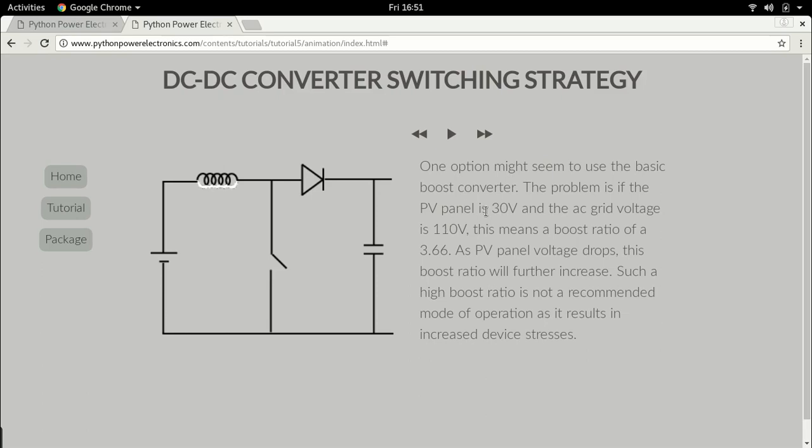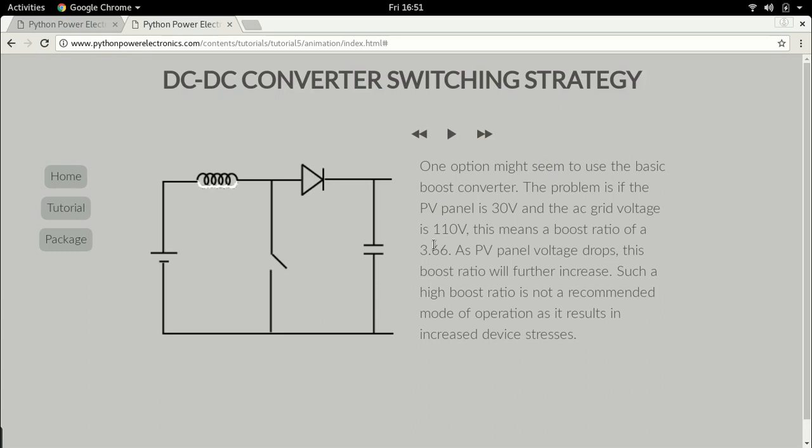So this conversion ratio will have to be 10, because we have 30 volts on this side, we need 300 volts on this side. That's a ratio of 10. And at the least, even if we are looking at a low voltage AC bus, let's say we just want 110 volts, let's not look at the step up factor. Even in that case, just take 30 volts and 110 volts. That's a ratio of 3.66.